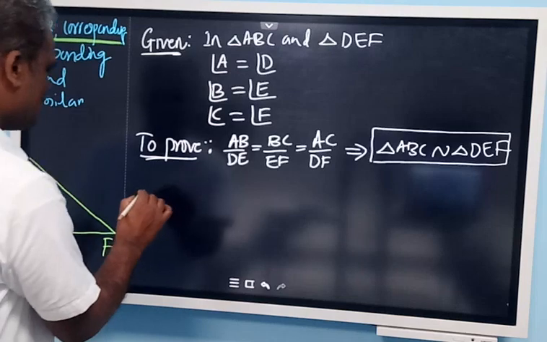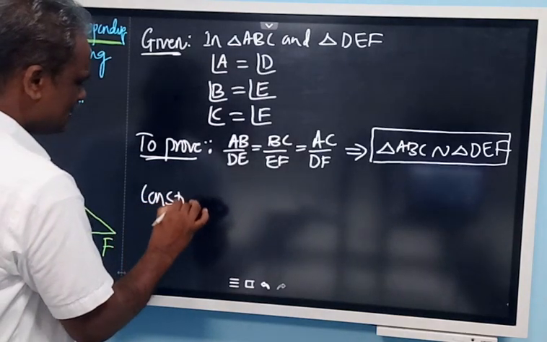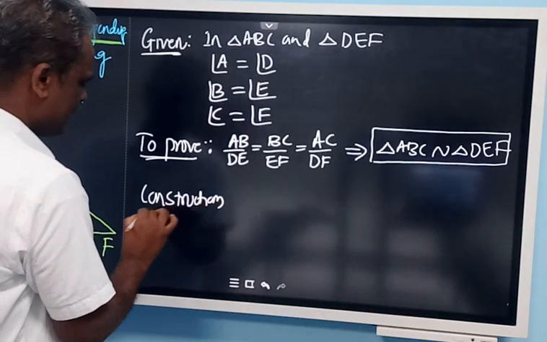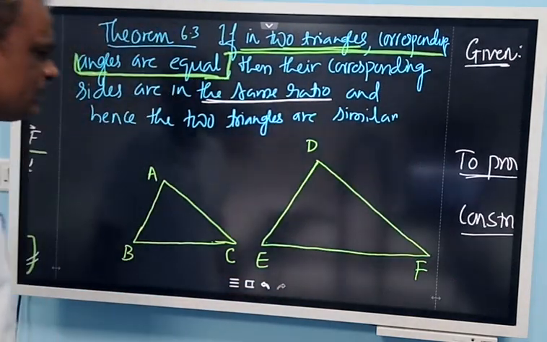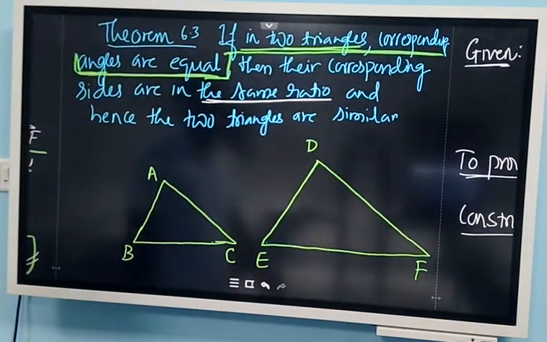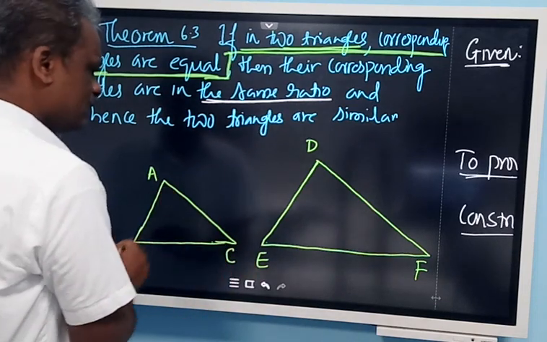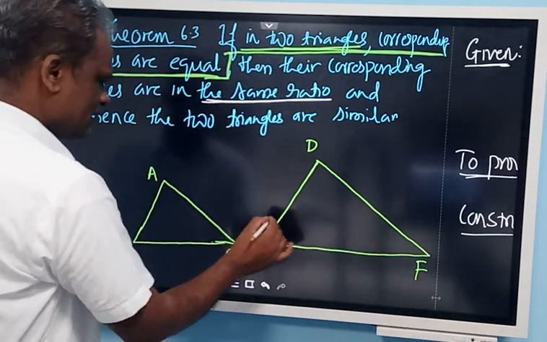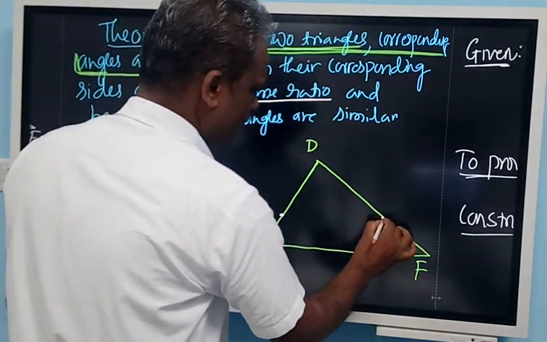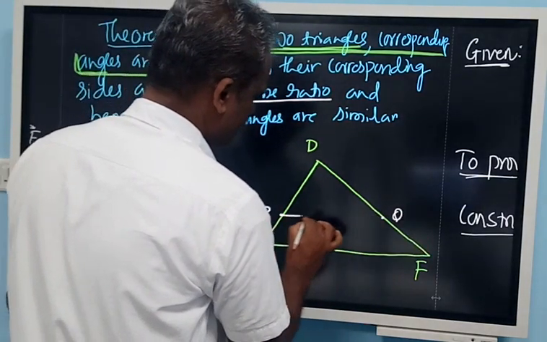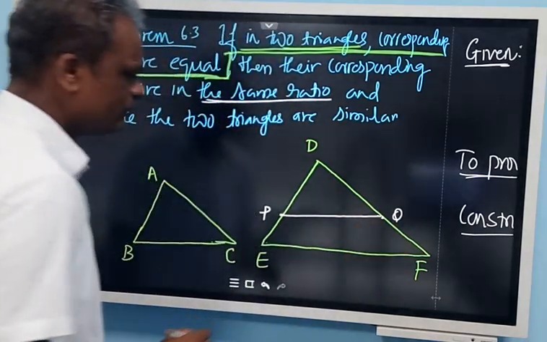For this we need some construction. So let us do some construction here. See what I do. I am going to take 2 points on DE and DF. I will take point P here and point Q here and join them.